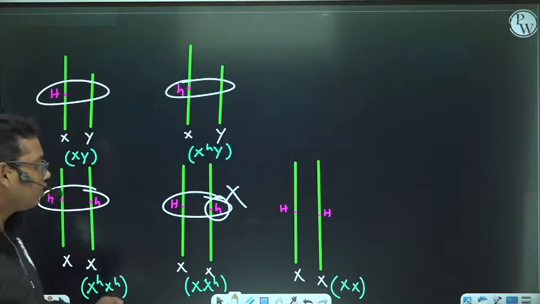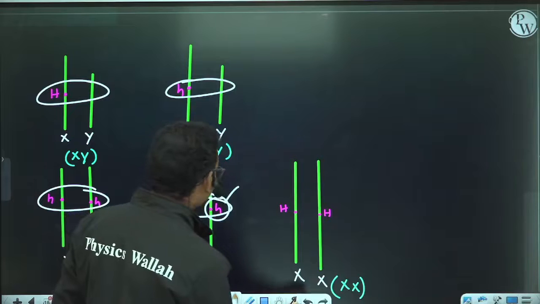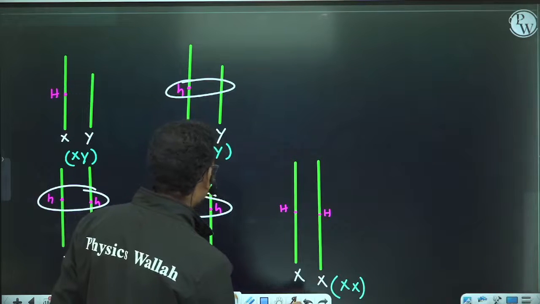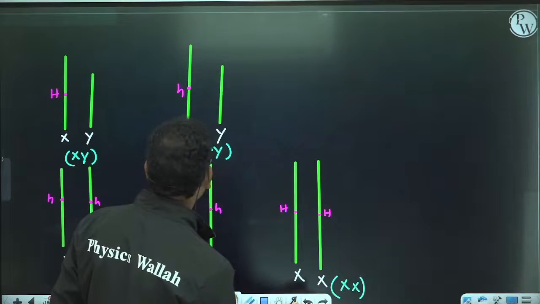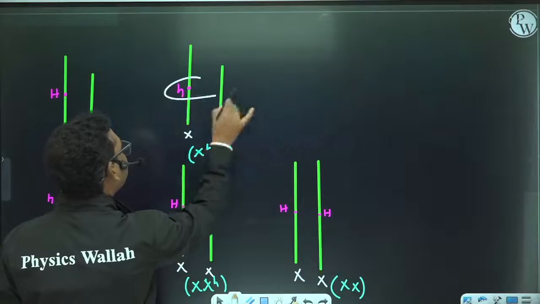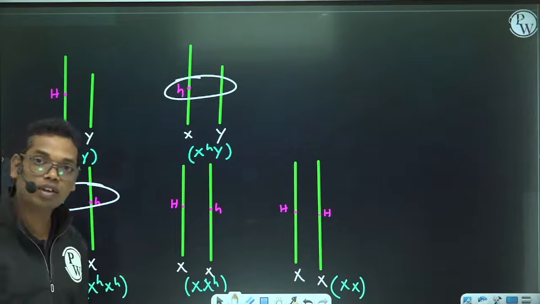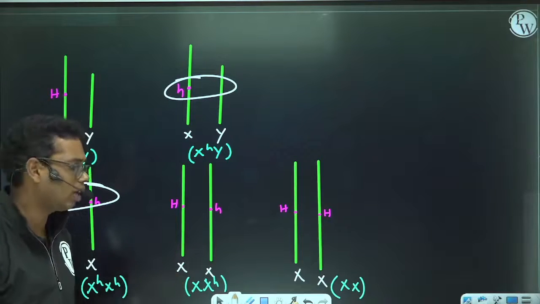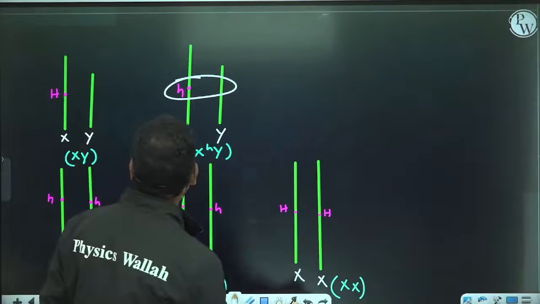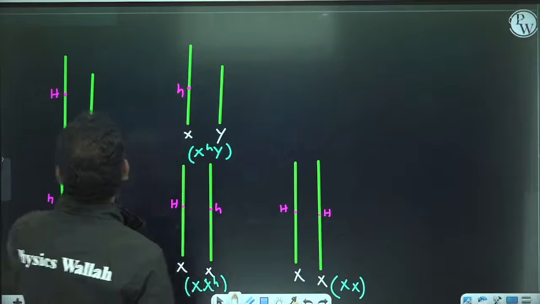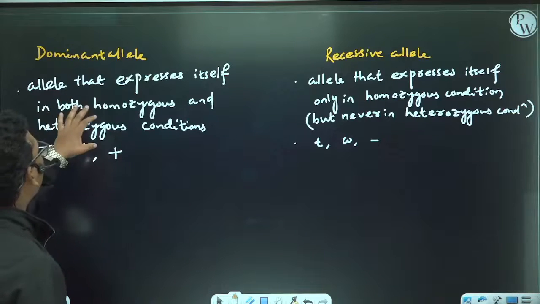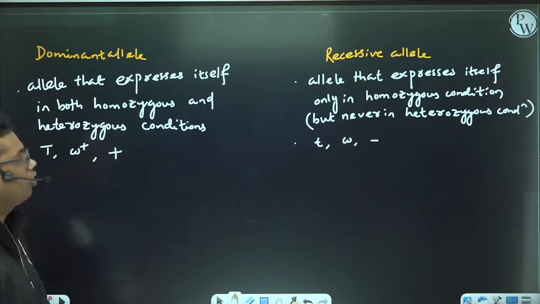So the recessive allele expresses itself if the genotype is either hemizygous like here or homozygous like here. Only in those cases will the recessive allele express itself. Now let me tell you something more about the dominant allele and recessive allele.